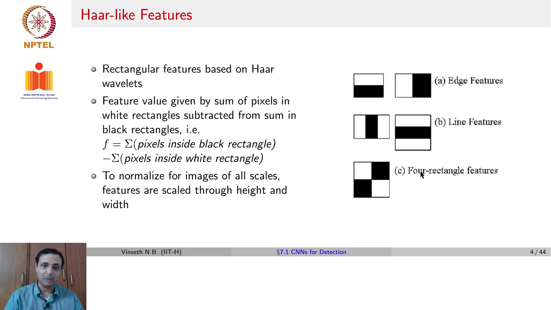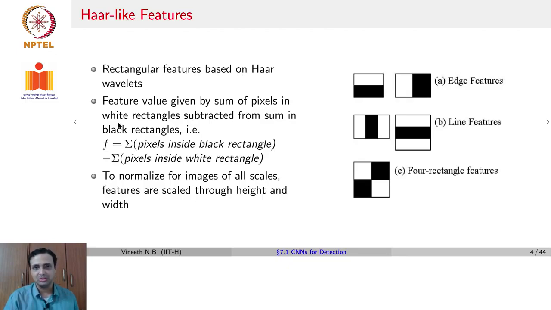You will get various kinds of patterns as you use the same idea. So the idea behind the Haar filter is that the feature value is given by the sum of the pixels in the white rectangles subtracted from the sum of the pixels in the black rectangles.